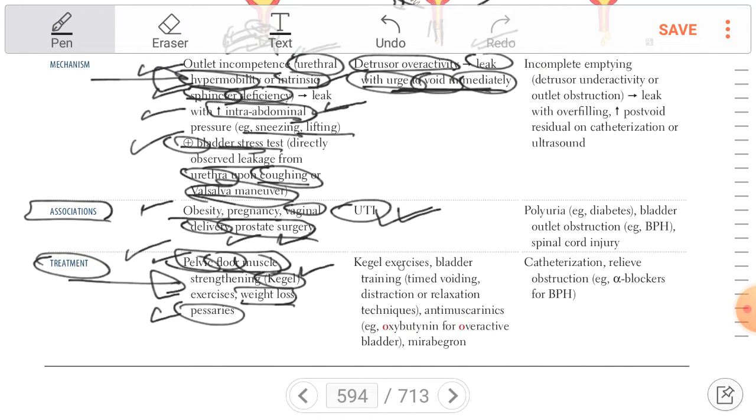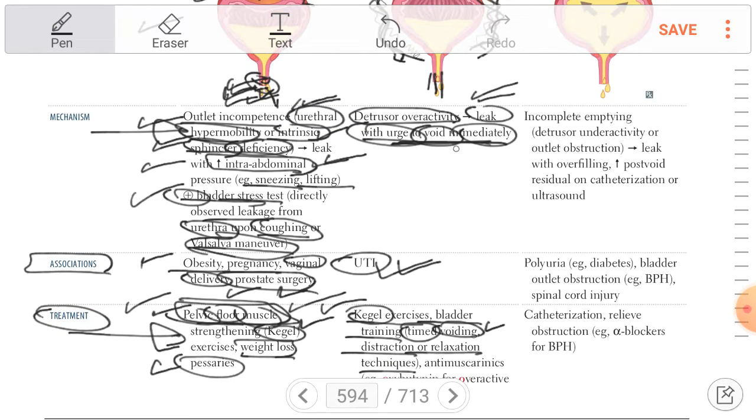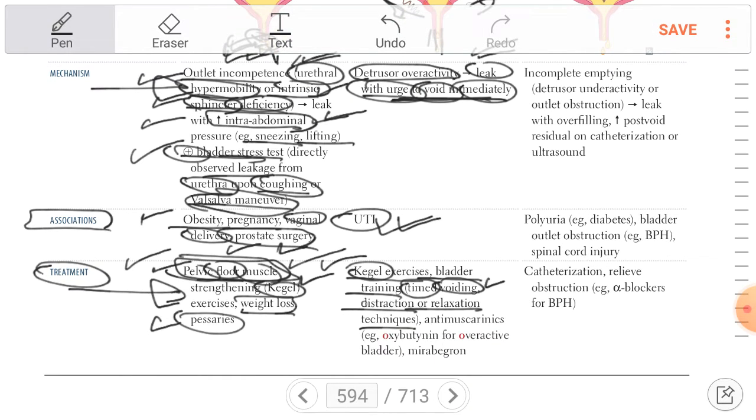So you will treat it by what? Kegel exercise, so important, to strengthen the pelvic floor muscle, plus what? Bladder training. So voiding at a specific time, it's called timed voiding. Then distraction or relaxation techniques, while the patient feels he wants to void immediately. Plus voiding at a specific time, timed voiding.